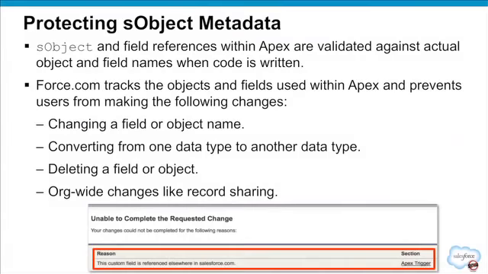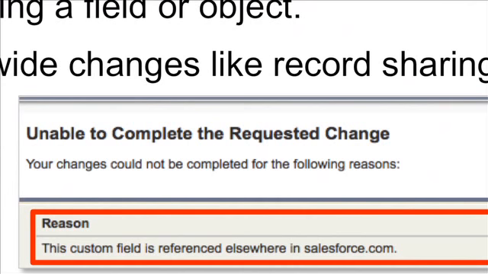We track things like fields. So if you attempt to delete a field and your code is referencing that field, it'll prevent you from deleting that field. It'll say, I'm not going to let you delete this field because this Apex trigger is referencing this field.